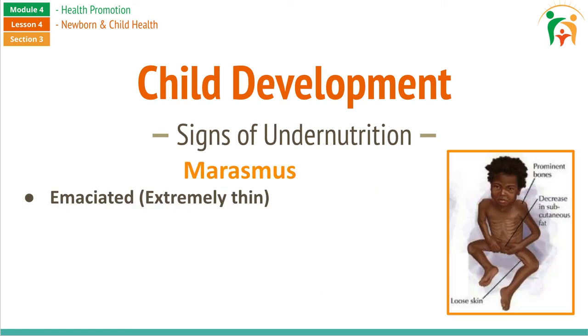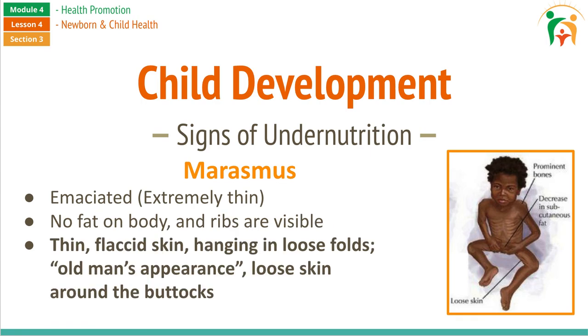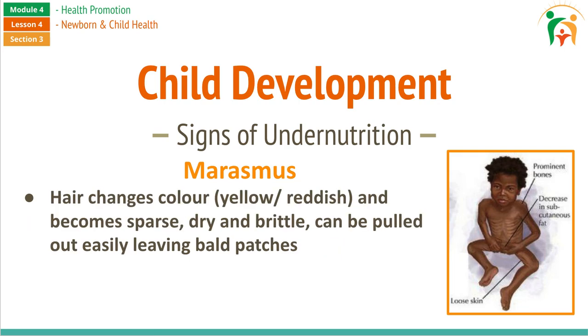Signs of undernutrition. We have marasmus, which is characterized by being emaciated or extremely thin, with no fat on the body and ribs visible. Thin, flaccid skin hanging in loose folds, an old man's appearance, and loose skin around the buttocks.